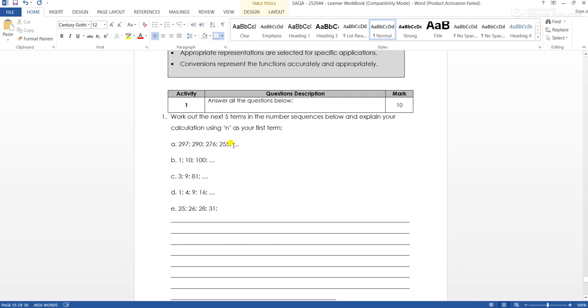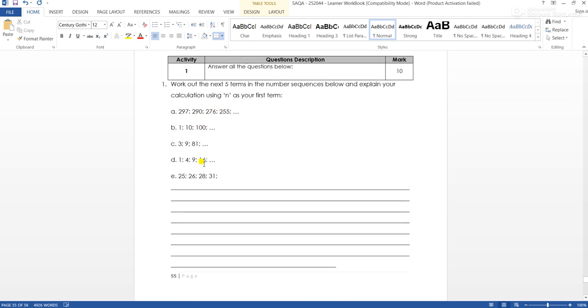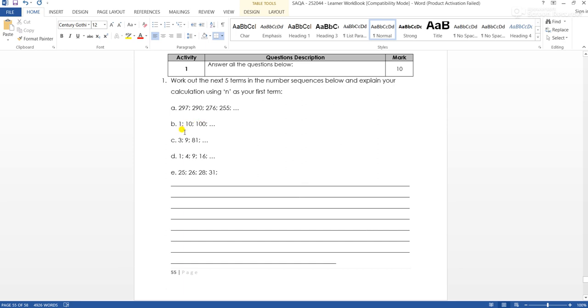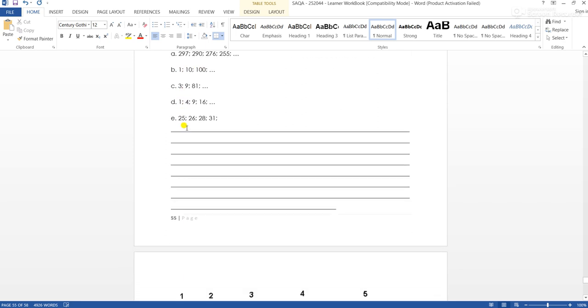So you'll determine the next 5 terms. As you can see, the numbers are decreasing from 297 to 290 to 276 and to 255. So you need to find the common difference that they subtracted in order for them to get these terms. Similar to this, B, C, D and E.